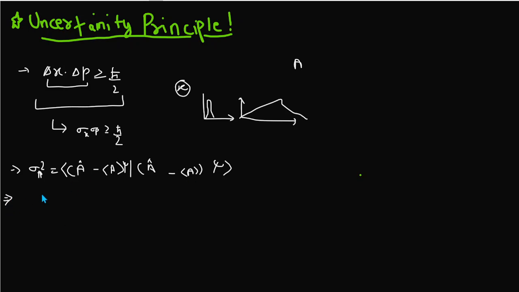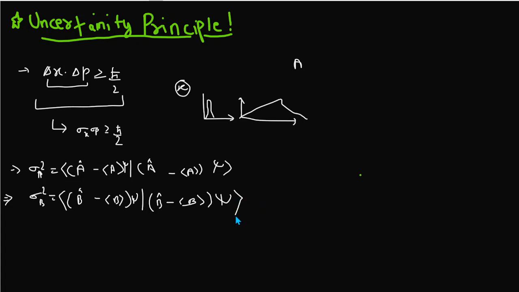So just like this, what about another quantity? Let's say I imagine B square. You can write the variance of this particular quantity in a similar fashion: bracket B cap minus the expectation value of B, then psi, then again B cap minus the B expectation value, psi, and here the Dirac notation, this is called bra-ket notation.